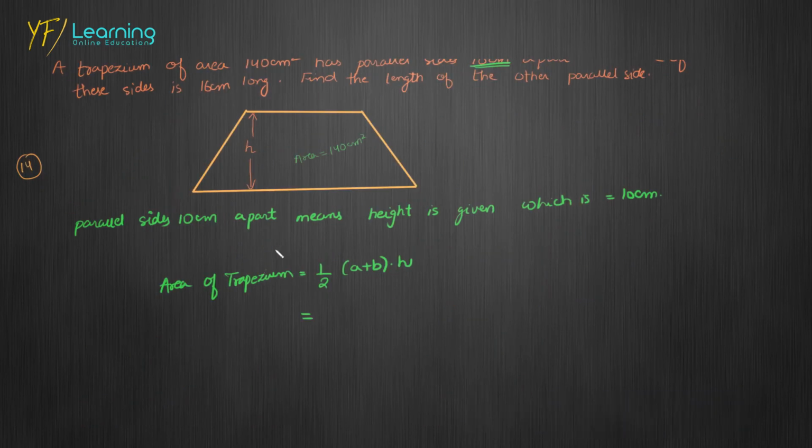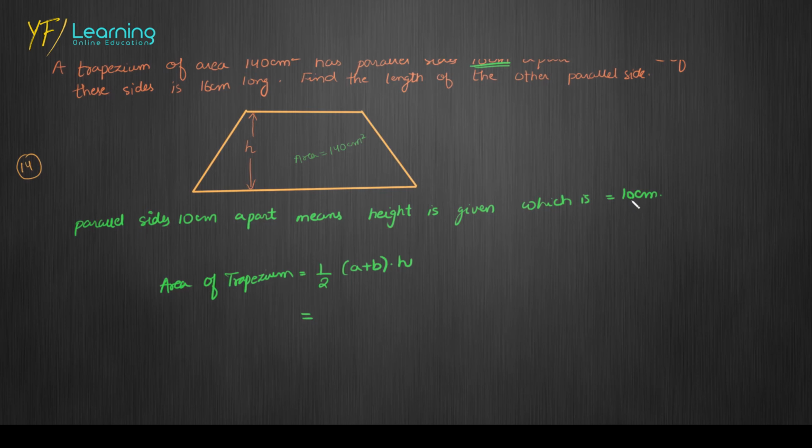Okay, so question number 14. A trapezium of area 140 cm square has parallel sides 10 cm apart and one of these sides is 16 cm long. Find the length of the other parallel side. Parallel sides 10 cm apart means the height is given, and it is 10 cm.